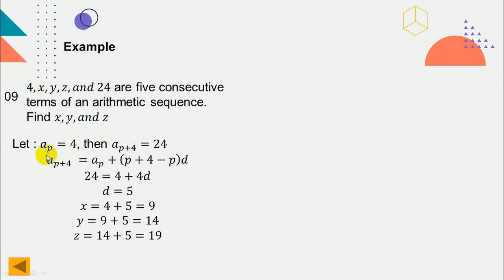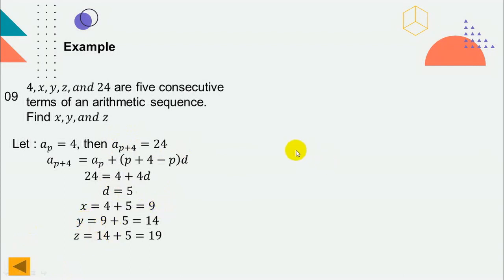That means P is the 1st term and then P plus 4 is the 5th. So we can use this formula to find x, y, and z. Or if you want to use the general term, it doesn't matter. So you will find that d equals 5, and then you will get x, y, and z.